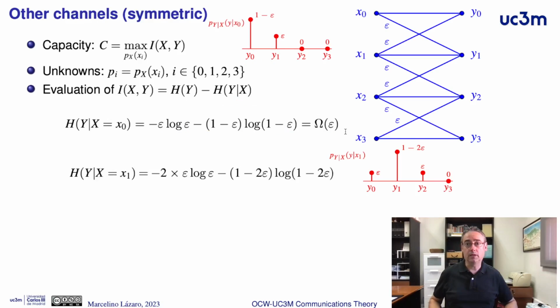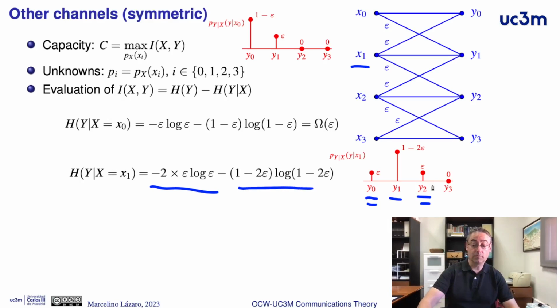If we transmit x1, now in the output we have three possible symbols: y0 with probability epsilon, y2, that is received with the same probability, and y1, which is received with probability 1 minus 2 times epsilon. Therefore, we have here two terms related with the probability epsilon, minus 2 times epsilon times the logarithm of epsilon.